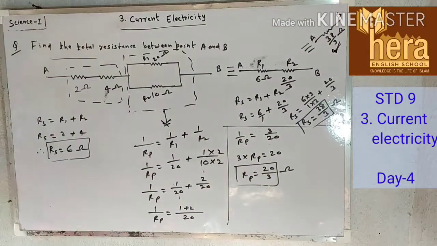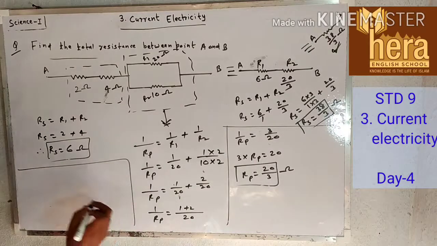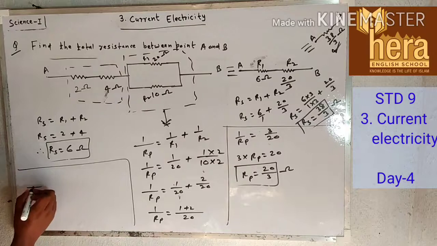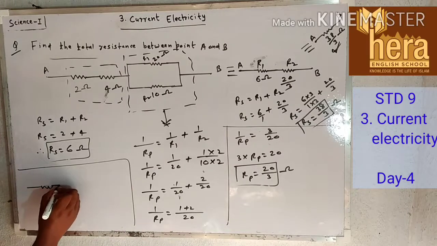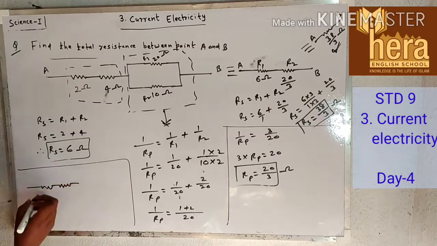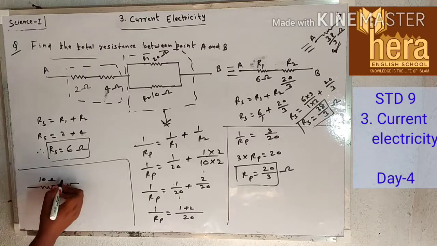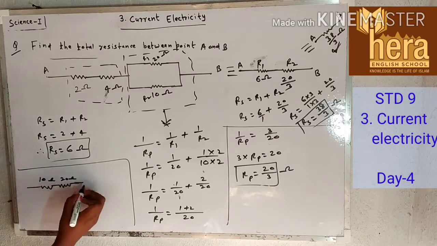So this was the solution. In the next lecture we will solve numerical problems. Meanwhile you can try the numericals given in your textbook. One homework for you. Write the homework here. This is 10 ohm, this is 20 ohm. Understood?